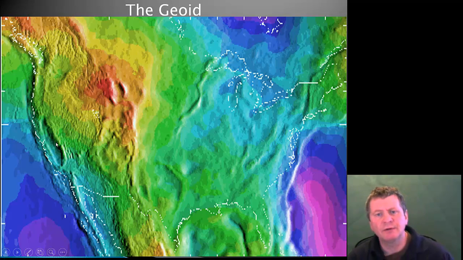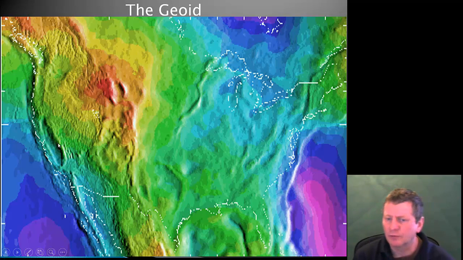Looking at the geoid of the United States a little closer, you can see some features, but some don't make much sense, like what's this ridge running down through here, and what's this big trough running down through what looks to be around New York, New Hampshire and Vermont.